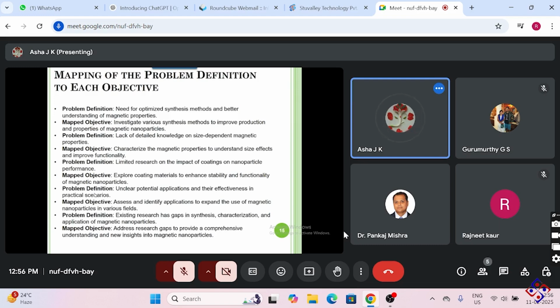Yes, sir. Okay, so other than hexaferrite, are other nanoparticles available or not? Available, sir. So why did you pick only hexaferrite for your research? Why not others? What are the key advantages of hexaferrite over others?